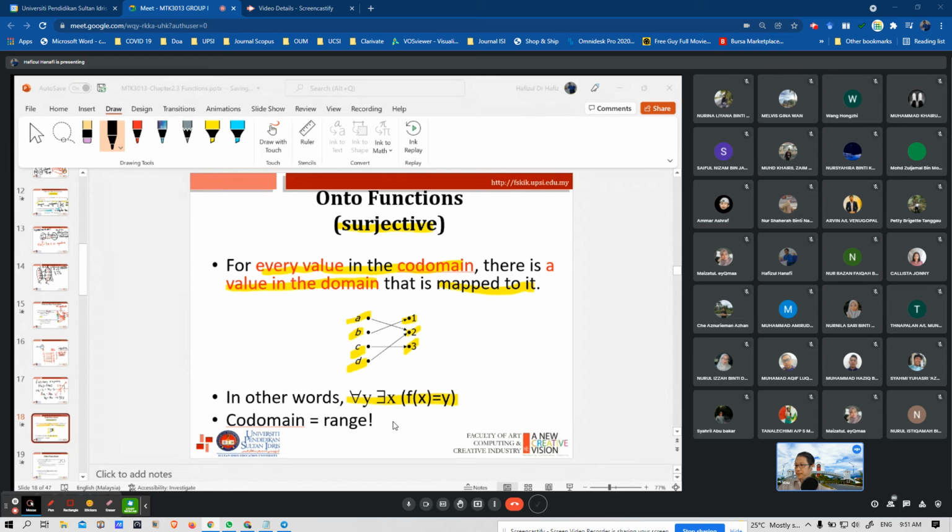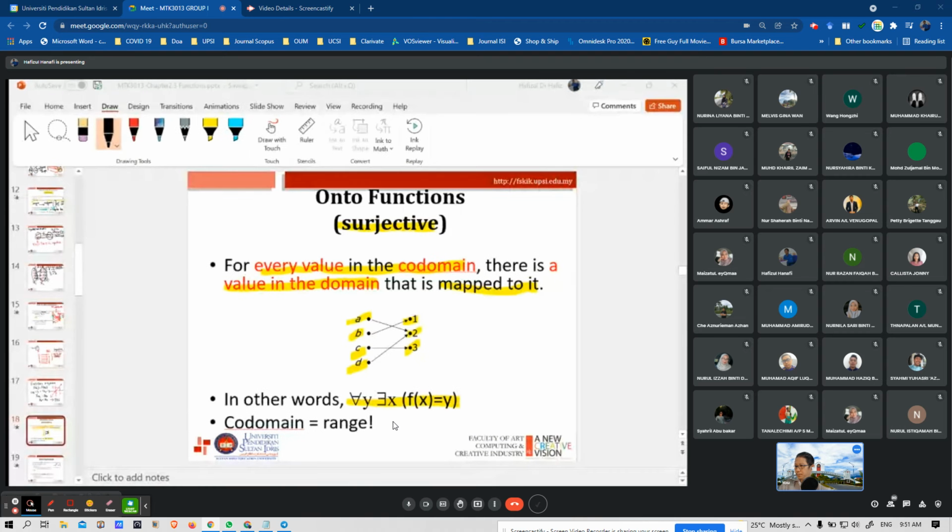This one is surjective. For example, we have a surjective function.